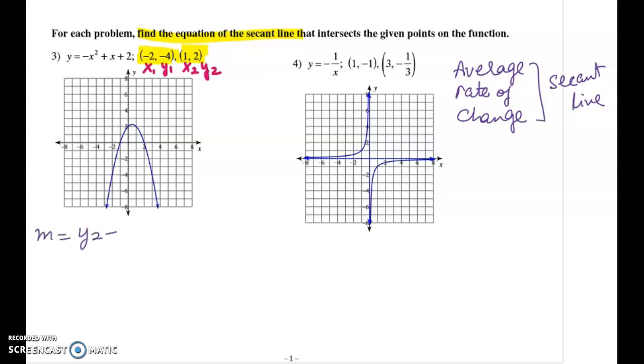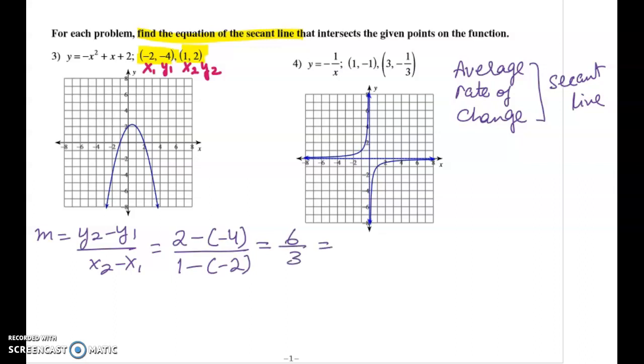So slope is y2 minus y1 over x2 minus x1. Plug the values in: y2 is 2 minus 4, because y1 is minus 4, and then we have 1 minus 2, because x1 is negative 2. Calculate it and you will get 6/3, which is 2. So we have a slope here.